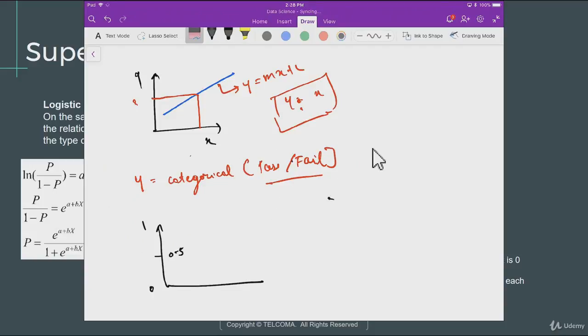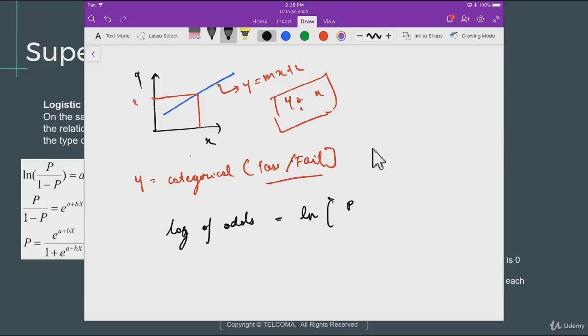Now, an easy alternative which we have in front of us is using the log of odds. Log of odds in simple terms can be determined as the log of the probability of an event happening divided by the probability of an event not happening, right? So it could be any positive finite number. So let's say you have the probability of yes as, let's say, 0.4, and the probability of no as 0.6, which is 1 minus 0.4.